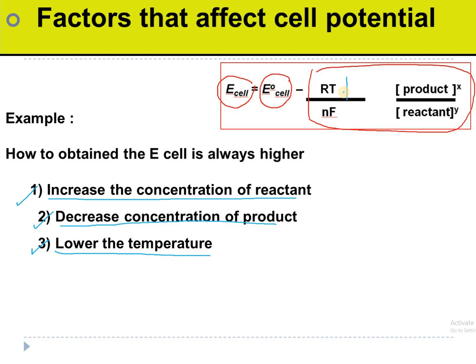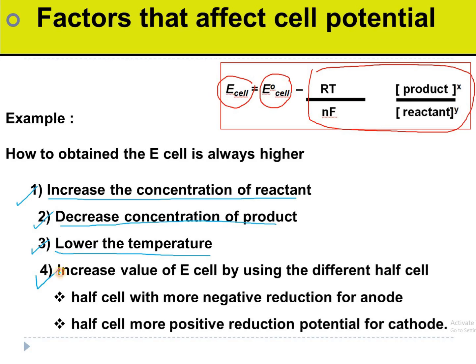If temperature decreases, the value of cell potential increases. Number 4, increase the value of E cell by using different half cells. If the half cell has a more negative reduction potential for the anode and the half cell has a more positive reduction potential for the cathode, the value of E naught cell increases, so automatically the cell potential increases.